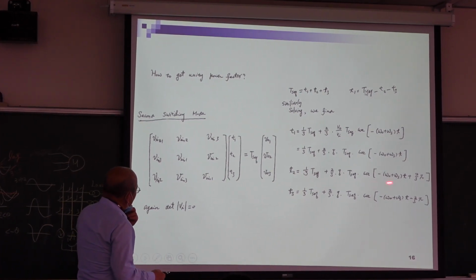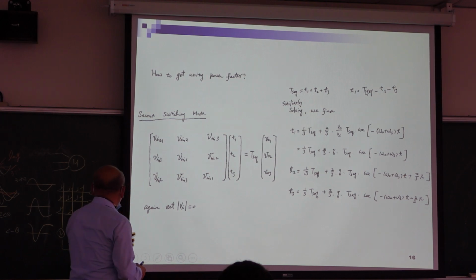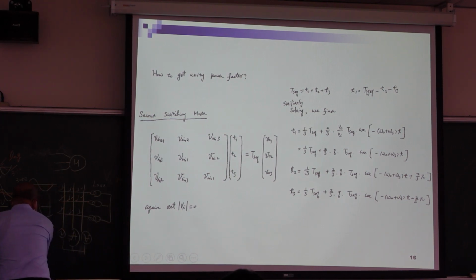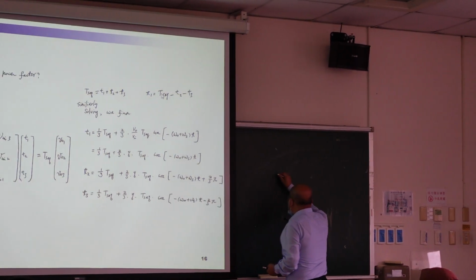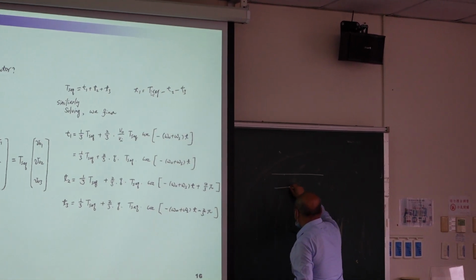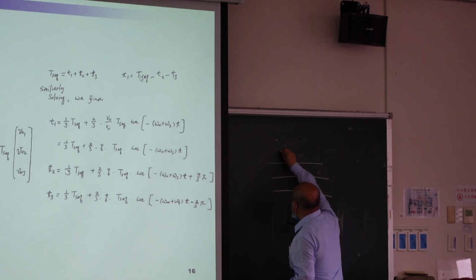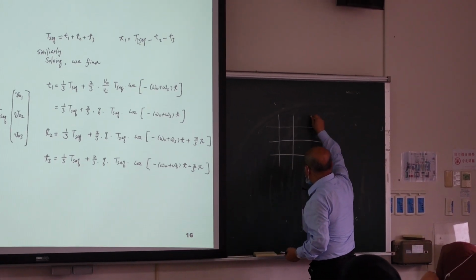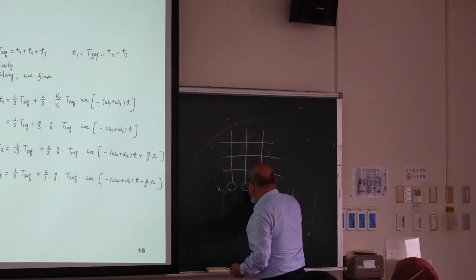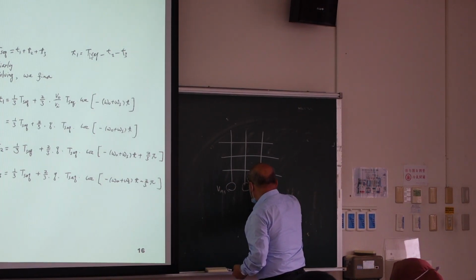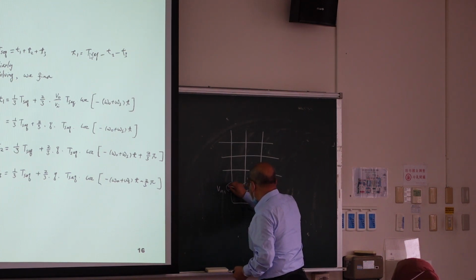The answer is quite simple. It is like this, so I will explain here. We have Vin1, Vin2, Vin3. So we have the input voltage here.